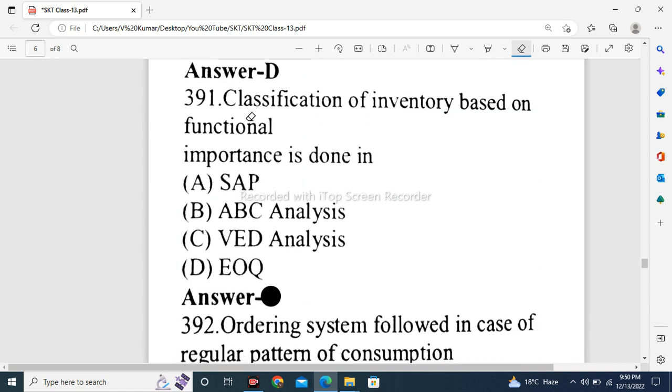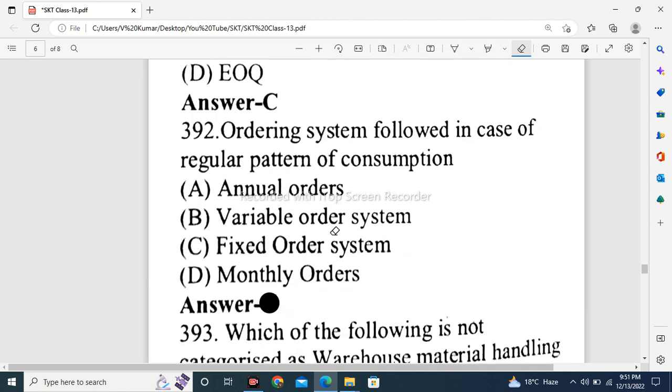नेक्स्ट है क्लासिफिकेशन ऑफ इन्वेंट्री बेस्ड ऑन फंक्शनल इंपॉर्टेंस इज डन इन A. SAP, B. ABC analysis, C. VED analysis, D. EOQ. आंसर है C VED एनालिसिस. Classification of inventory based on functional importance is done in VED analysis. नेक्स्ट है ordering system followed in case of regular pattern of consumption.